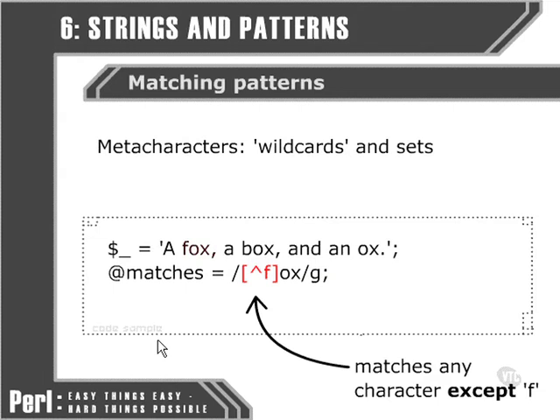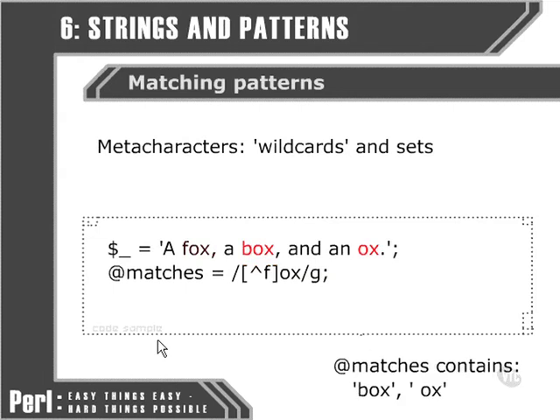In effect, we're matching a whole range of characters and excluding rather than including the character set that we're laying out. So in this case, our matches array would only contain box and ox with the space preceding it.